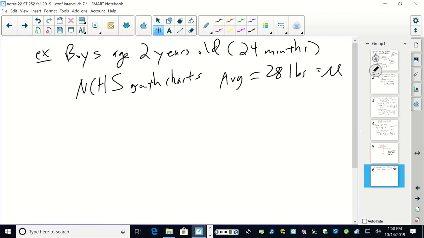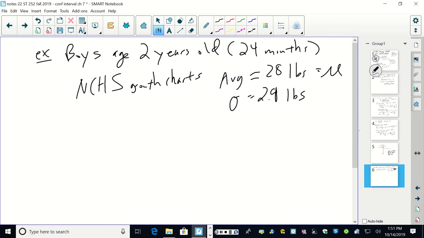Let's say that's mu. These are hypothetical data. I don't actually have birth weight data, but it's about 28 pounds looking at that chart. And the standard deviation I judged from that chart to be about 2.9 pounds, approximately.